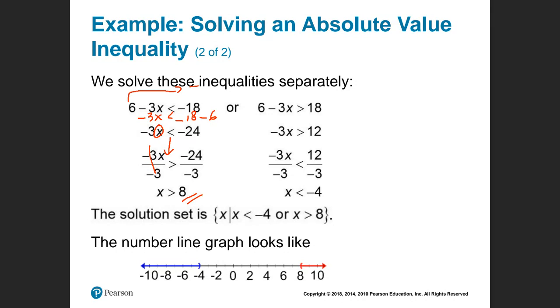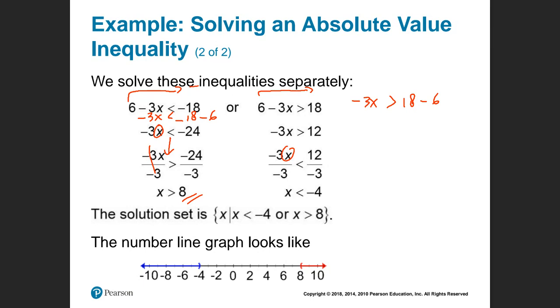Now, next one. 6 minus 3x greater than 18. The same, move 6 to the right side, negative 3x greater than 18 minus 6. So negative 3x greater than 12. We need x, so you divide by negative 3.